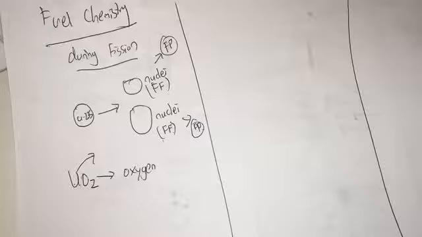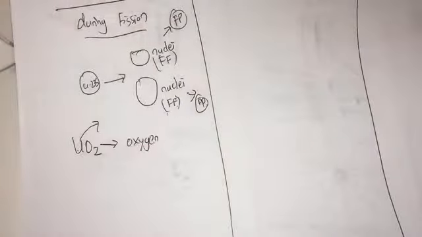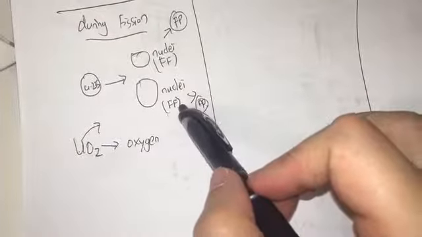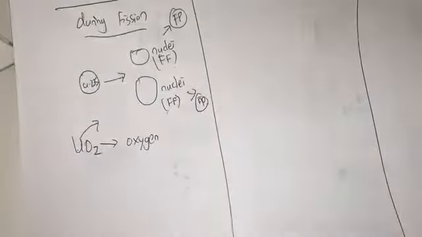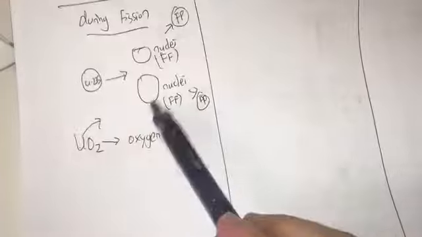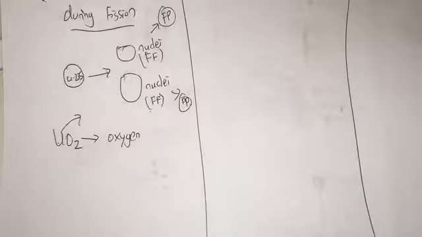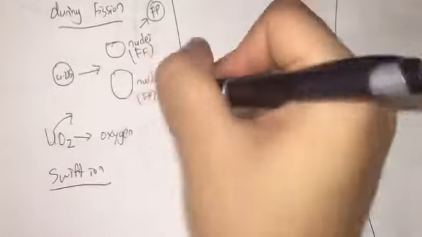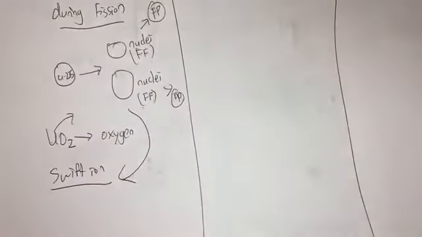So what do these fission fragments do? We should know that firstly they have 80 to 100 MeV each. They are going very fast, so this is called a swift ion for the reason that they are very fast. This is what first happens.